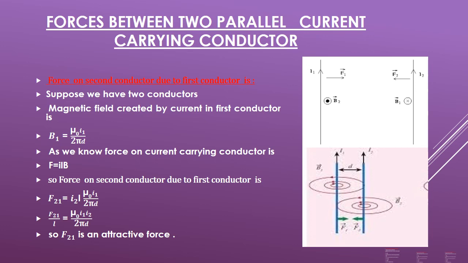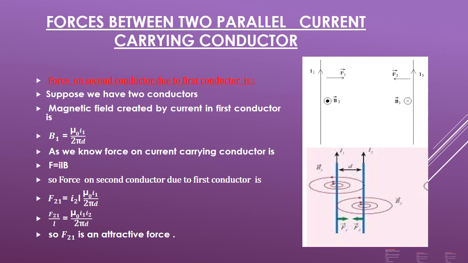This current carrying conductor creates a magnetic field all around it. So, conductor 2 is placed in the magnetic field of conductor 1. Question also arises whether conductor 2 is not creating a magnetic field. So, answer is yes, it is creating a magnetic field, but its own current in its own magnetic field, and at what location?